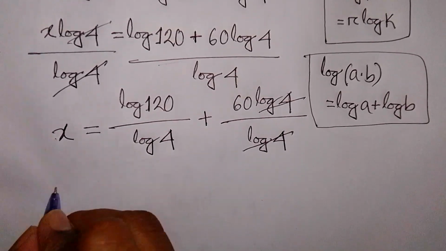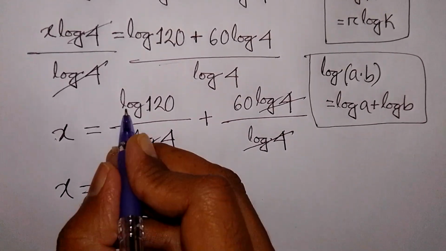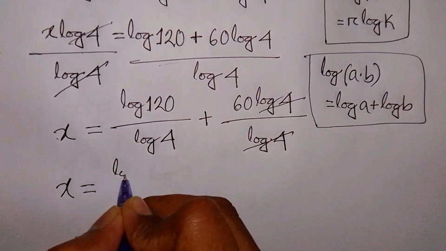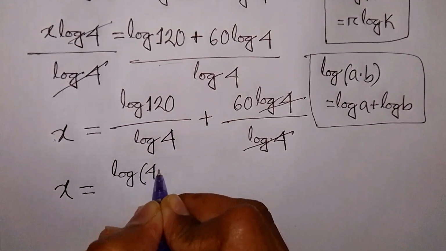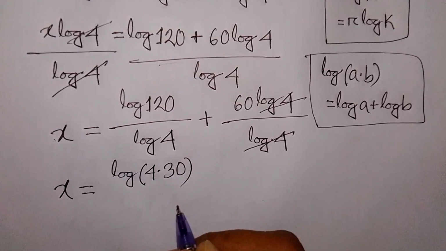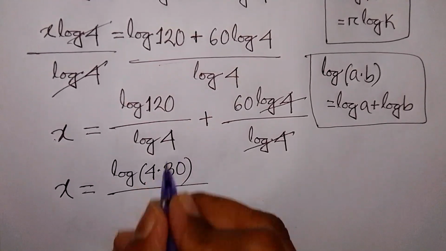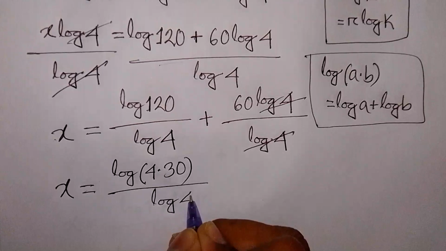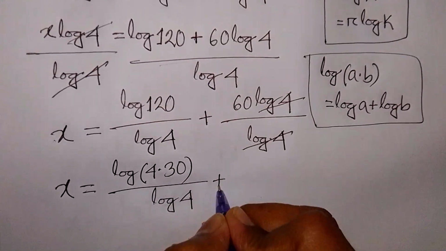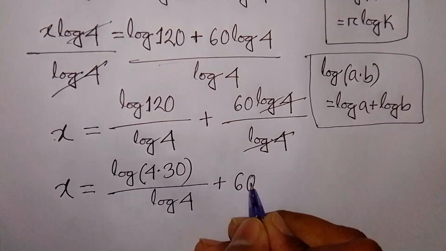In the next step, x is equal to log 120, which is the same as log of 4 times 30, over log 4 plus 60.